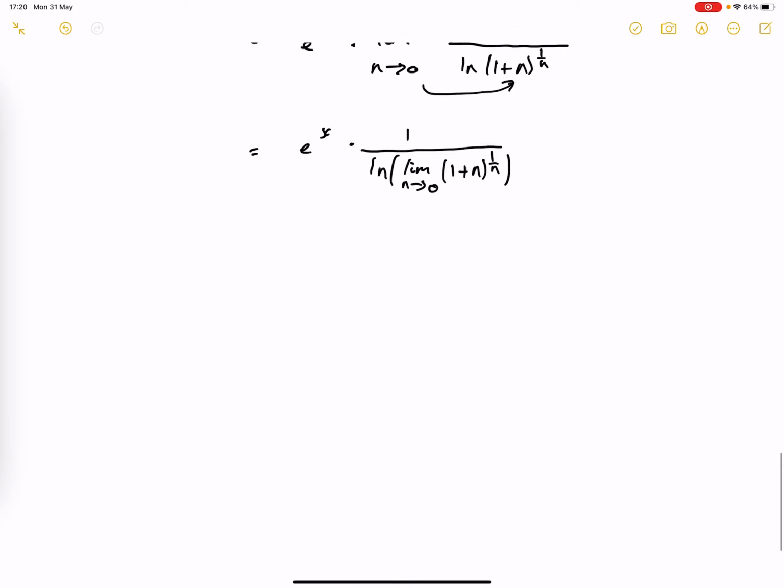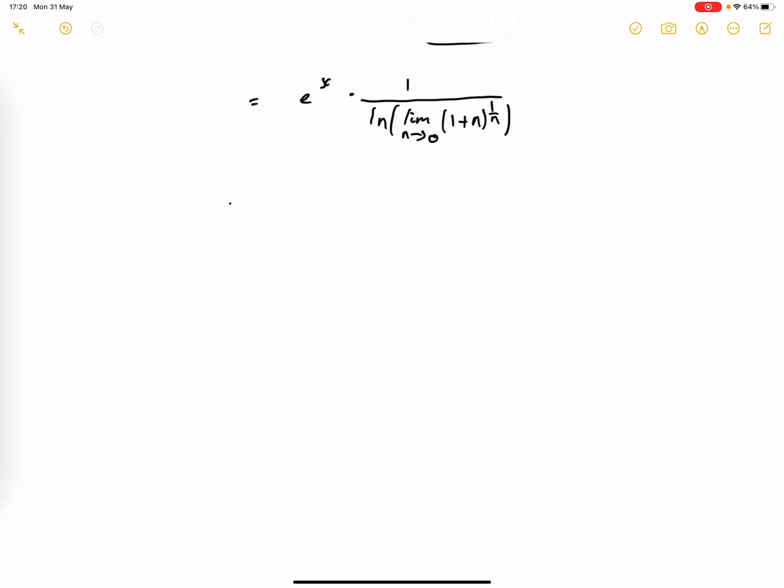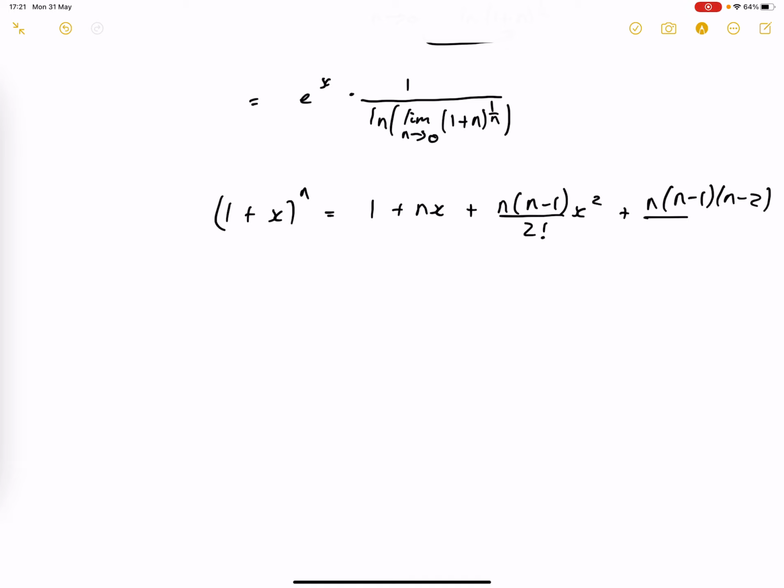Now, this is where we have to start using Maclaurin series. So 1 plus x to the n can be represented as 1 plus nx plus n times n minus 1 over 2 factorial times x squared plus n times n minus 1 times n minus 2 over 3 factorial times x cubed, and so on.